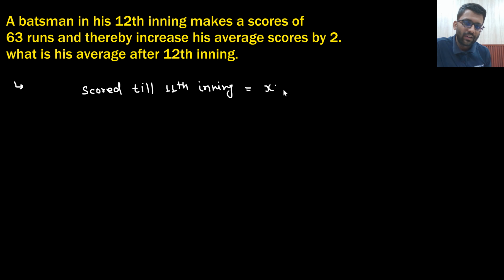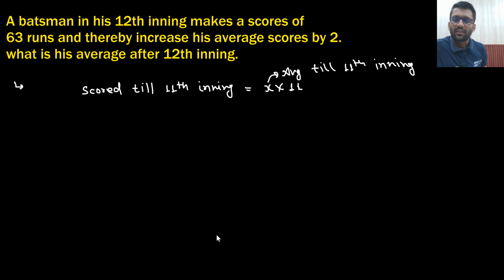That would be average into the number of times he got out. 11 times he got out. So 11x, this was his average. Average till 11th inning. Now what they are saying, in the 12th inning makes a score of 63 runs.